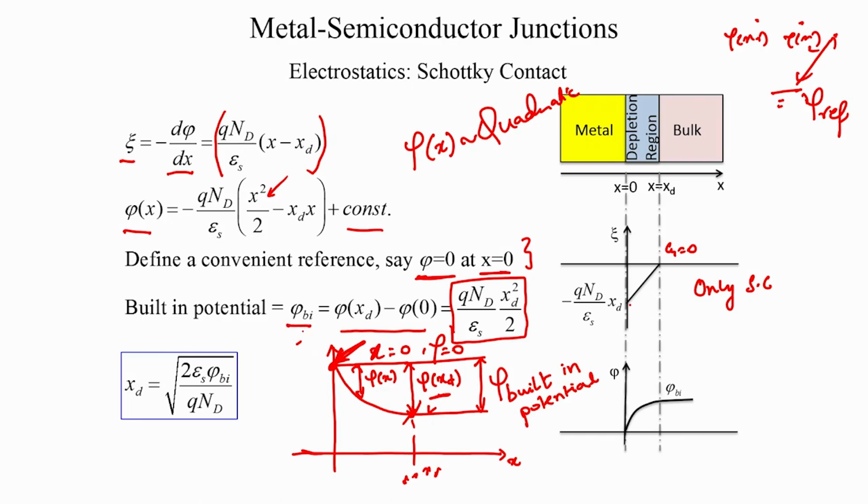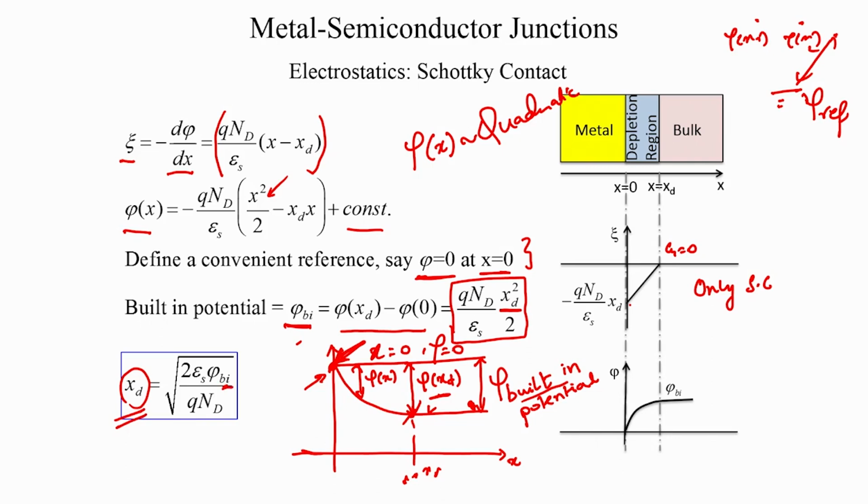Bi stands for the built in potential, because from this point till this location here we have a potential difference of phi bi. And phi bi is very nicely connected to xd, and you can invert this relation to obtain xd in terms of phi bi as the square root of 2 epsilon s phi bi by q n t. So that is your depletion width.